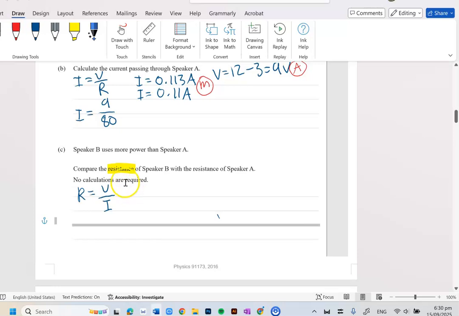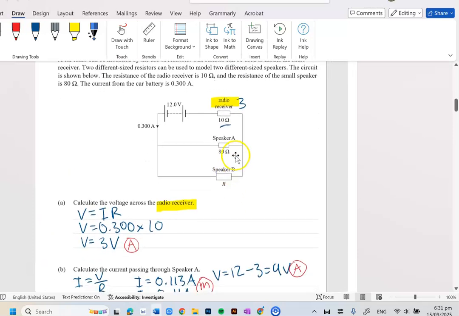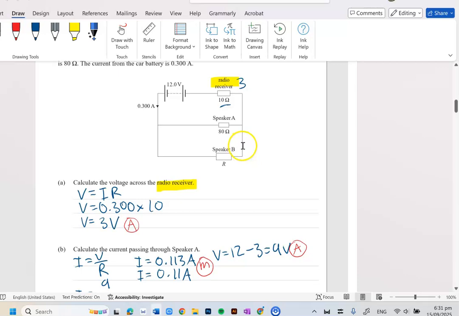Now, we're only focused on speaker A and speaker B. Now, we notice that the voltage will be the same. The voltage stays the same across both speakers. However, we'll know that speaker B will have less resistance because there's more current passing through.